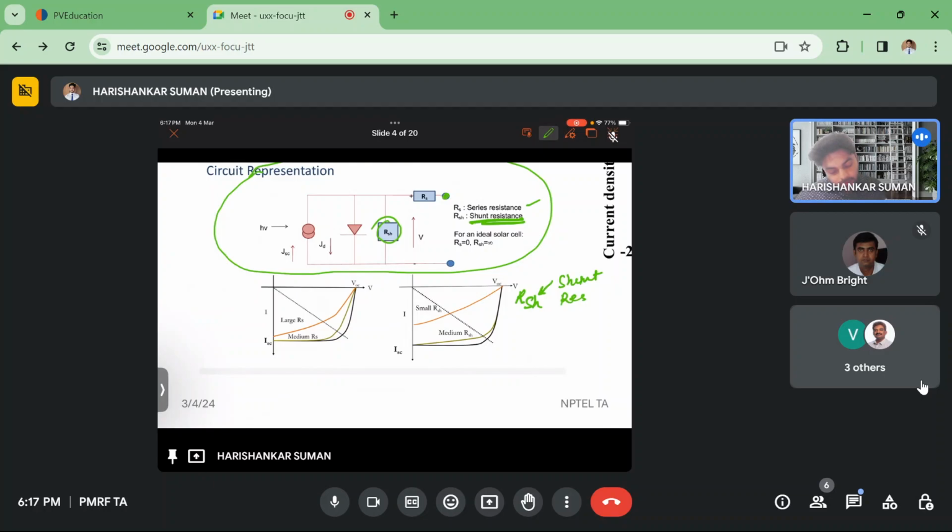And we have to extract power from here. So please look at this circuit. When we want more power, shunt resistance should be infinite.